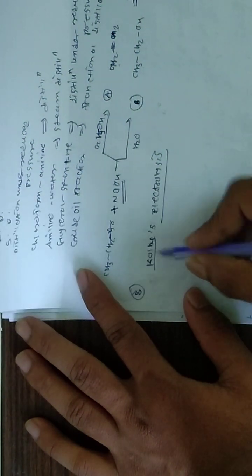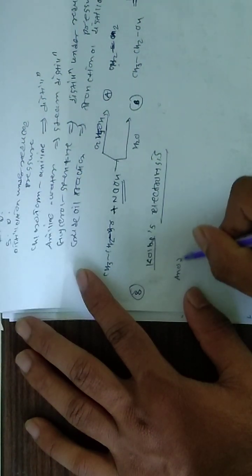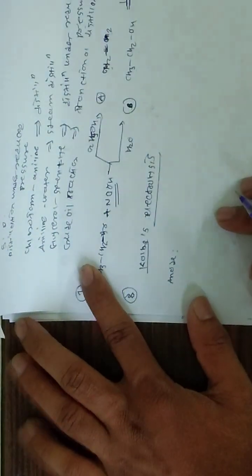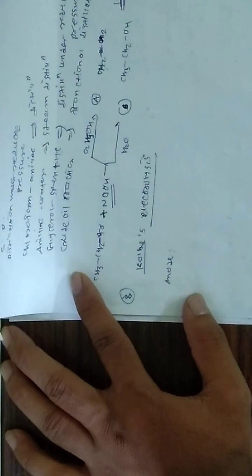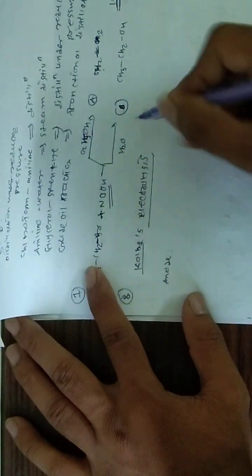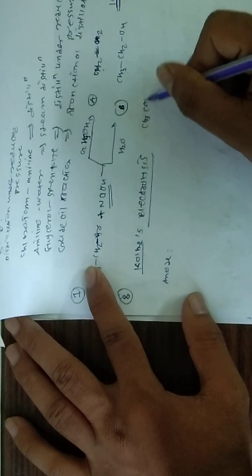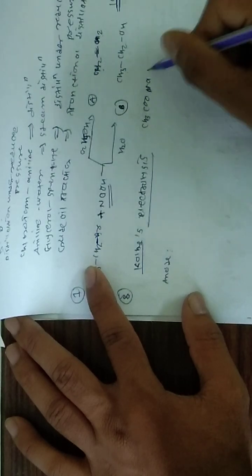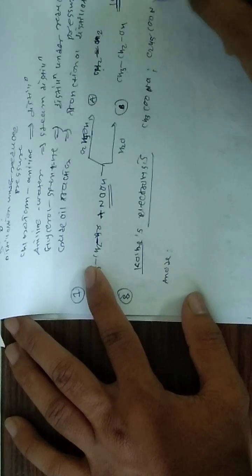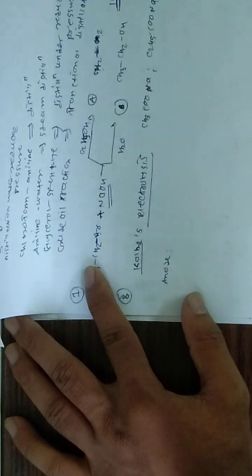So here in the electrolysis, the anode is positively charged, therefore oxidation happens at the anode and the negative species is attracted towards the anode. The first species is CH3COONa, and the second one is C2H5COONa.